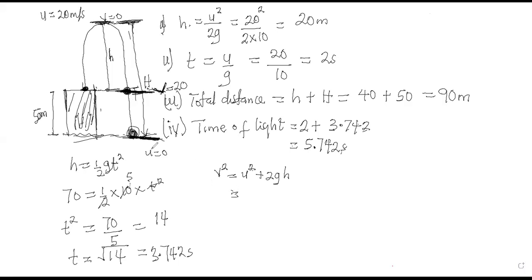It can be even both. If I decide to use this one, u at this point is 20. So 20 squared plus 2 times 10 times the height of the tower, which is 50.